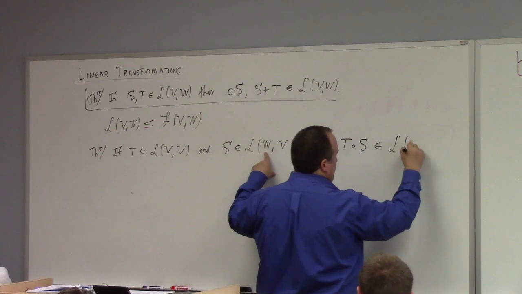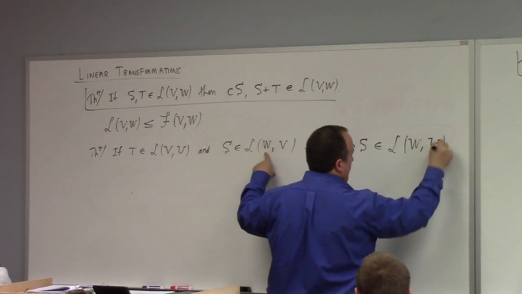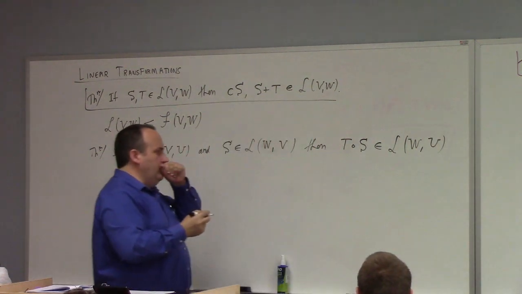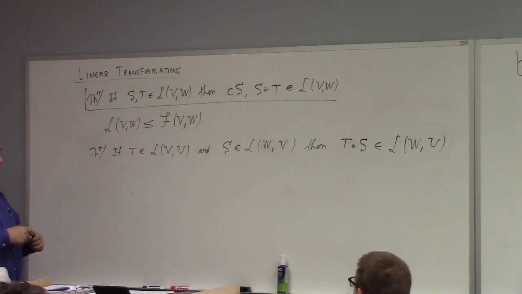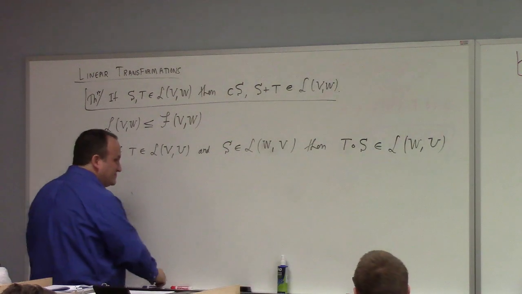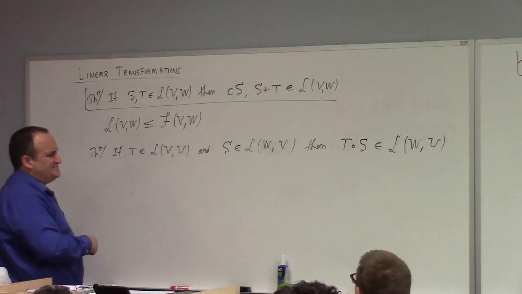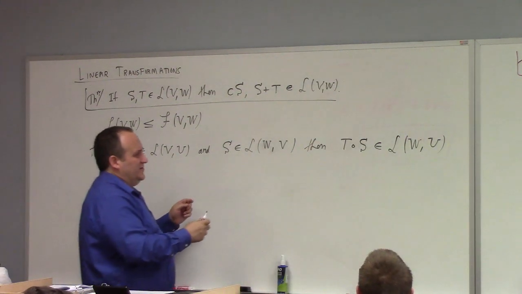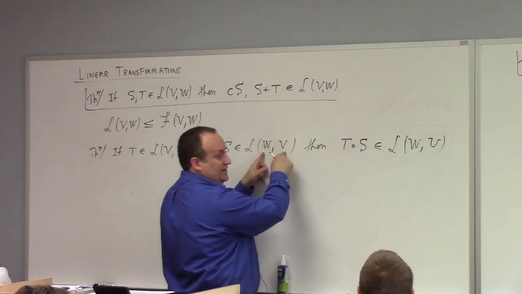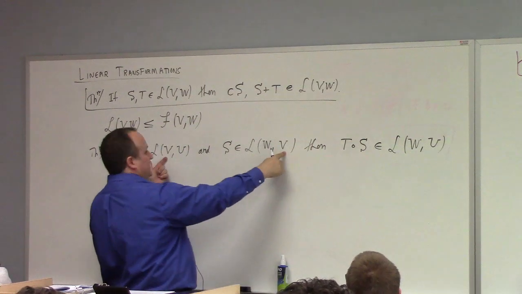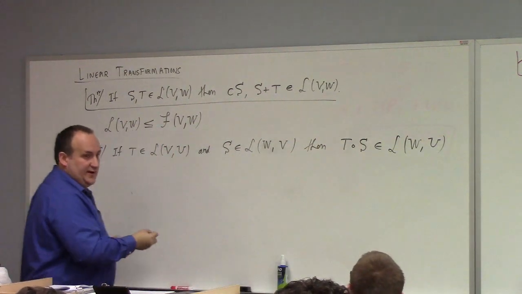From input W to output U. Sorry. Should S and T be swapped there? No, I don't believe so. So S takes input from W and outputs to V, and then that feeds into T, which takes V to U. Let's work it out.